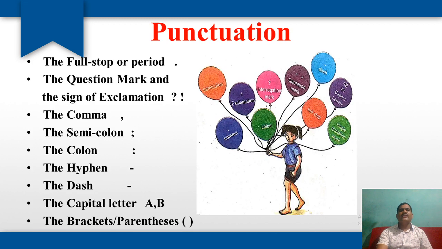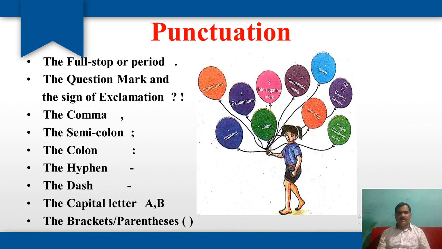Yes, okay. All of you know that there are various types of punctuation marks. That is your full stop. You can use the full stop at the end of a declarative sentence, right? Similarly, you can use the question mark at the end of a question sentence, that is, an interrogative sentence, whether it is a yes-no question or a wh-question, you have to use a question mark. Then in an exclamatory sentence you can use the exclamation sign.